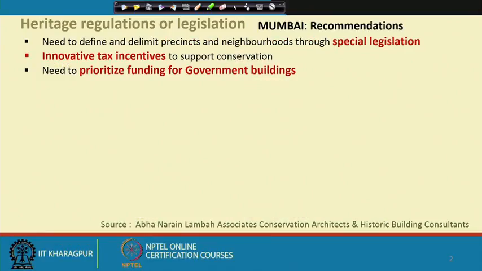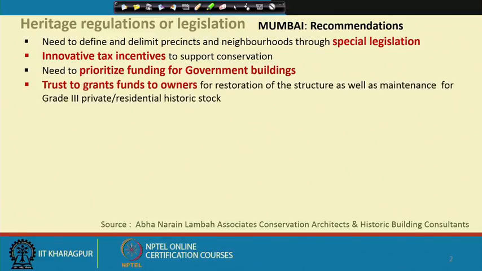Need to prioritize funding for government buildings. If there are certain government buildings, a priority has to be set for giving funding to them, especially those in the heritage conservation zone. Trust to grant funds to owners. Apart from tax incentives, funds are required, because some owners and organizations may not be able to take care of the heritage structures.